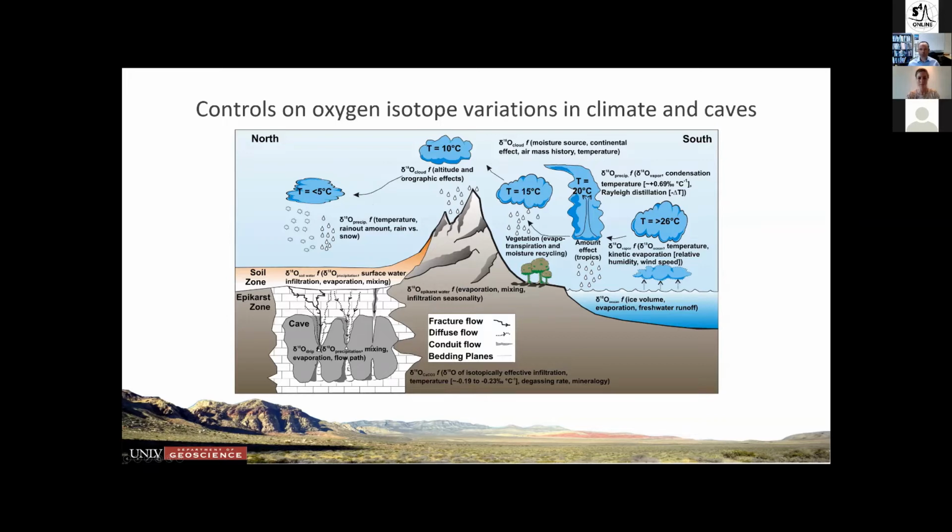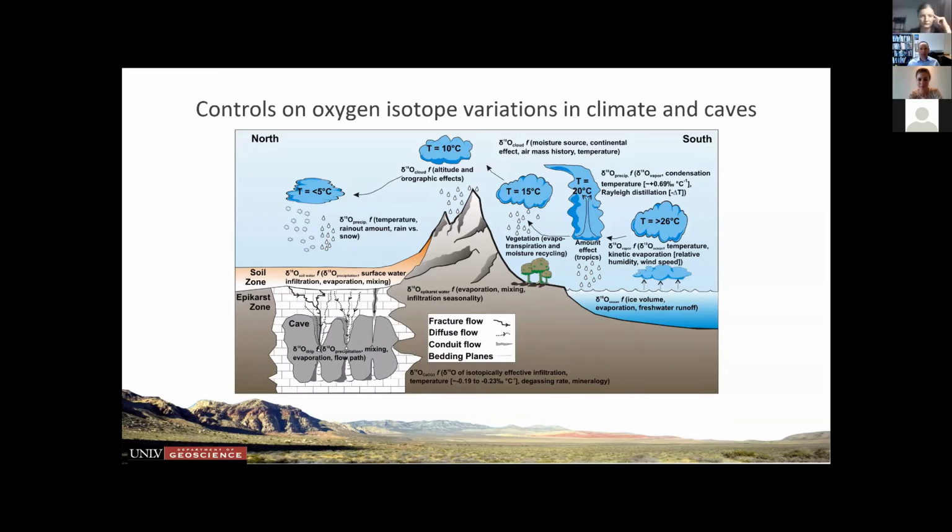Now, this particular diagram looks complicated because it is complicated to an extent, but if we break this down into individual pieces, it's not so complicated. But the point of this is that we can track the oxygen isotopic signal from the ocean into the air masses, into the precipitation, into the soil zone, into the epikarst, that zone above the caves, into the drips, and then finally into the speleothems.